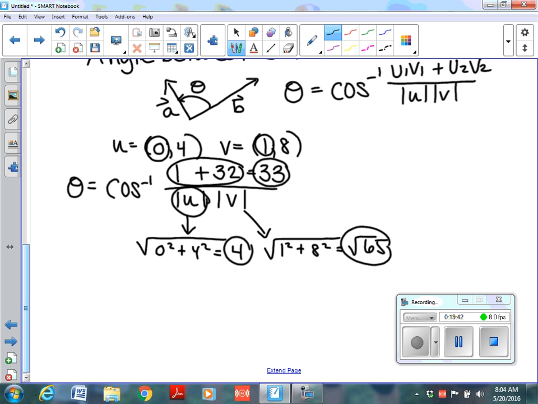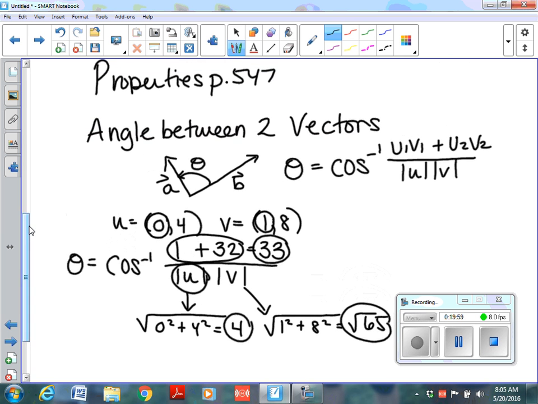Like I said, I don't have a clue if this is going to work. No, it did not work. But anyway, that's what happens when you make up your own. You get the idea, though, on how you find the angle between two vectors. Again, you multiply u1, v1 plus u2, v2, divided by their lengths multiplied together.